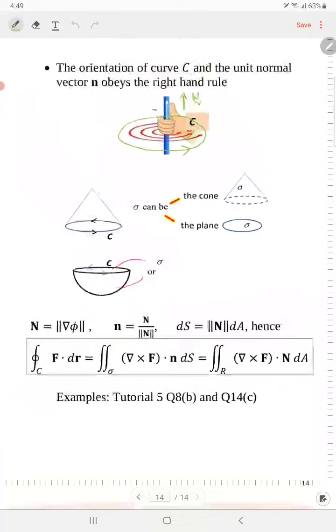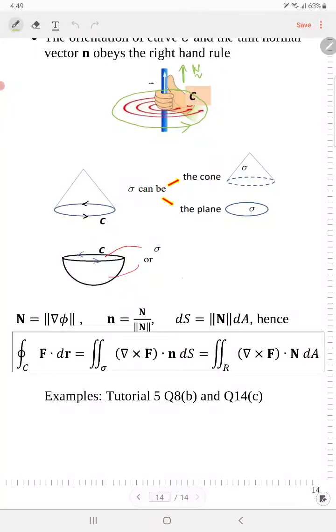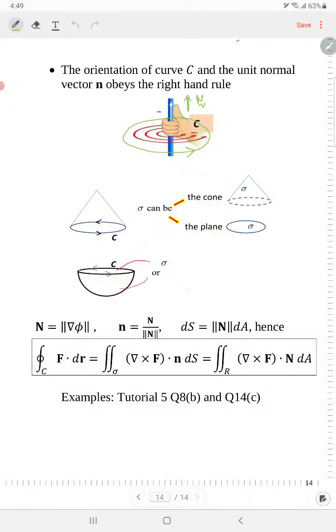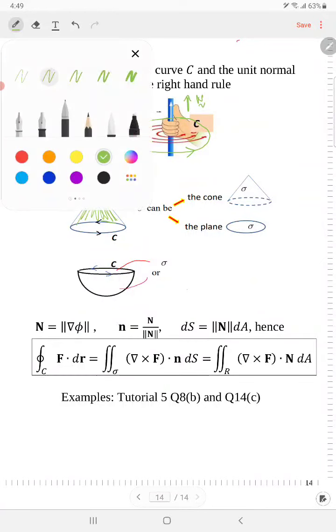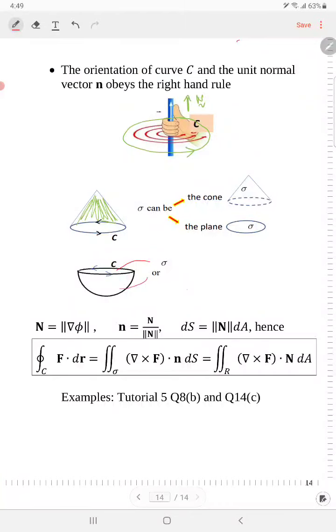Now here are a few examples. Let's say you have an open cone. The boundary to that open cone would be this circle, which would be the closed curve, the boundary of the open surface.